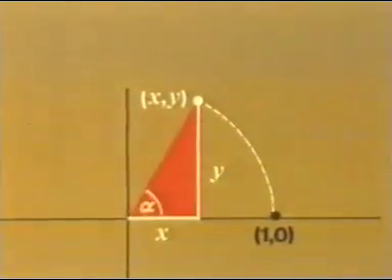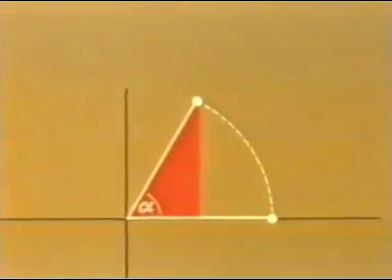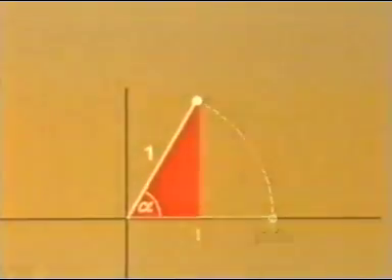But x and y are sides of a right-angled triangle, and we know the angle. It's alpha, the angle of rotation. How long is the hypotenuse? The hypotenuse came from here so its length must be 1.